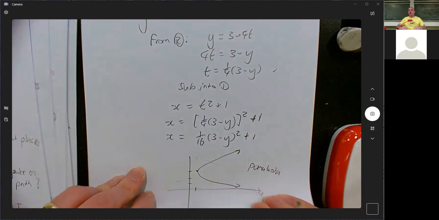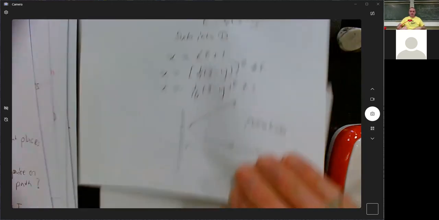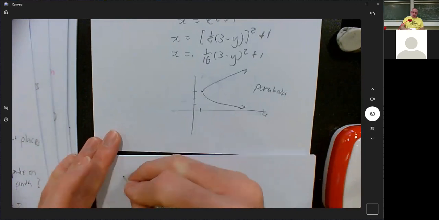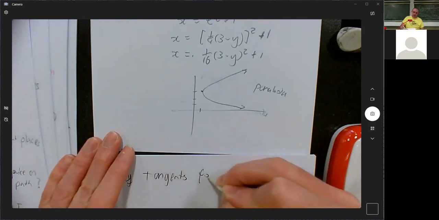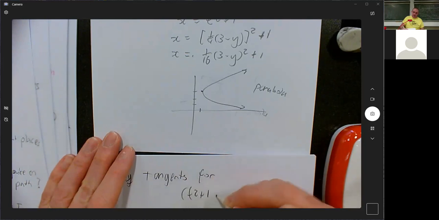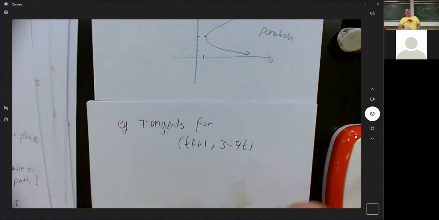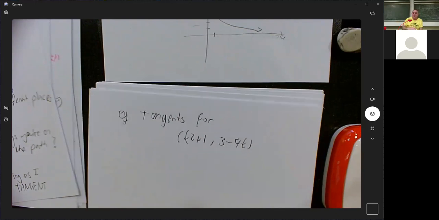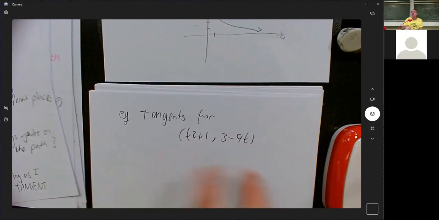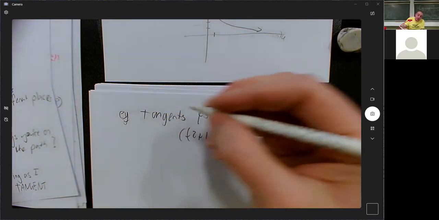Okay, so let me just figure out where the tangents are. So if you differentiate this to get the derivatives, that vector will be the direction that you're facing at every different t.